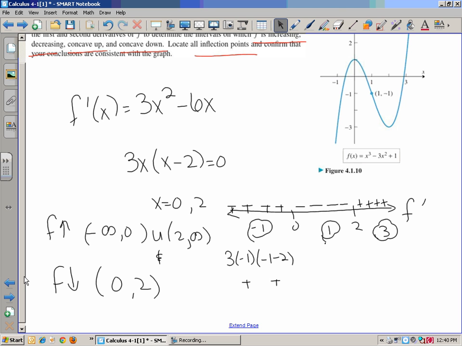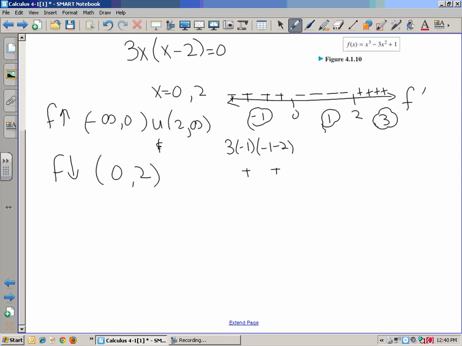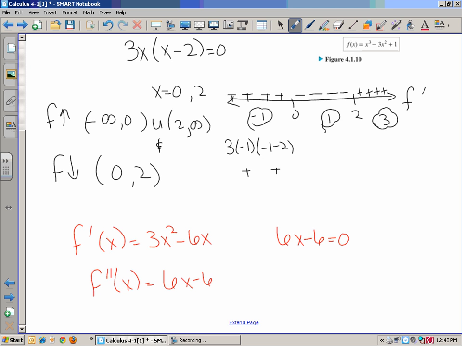Now, to do the second part, I'm going to go ahead and take the derivative of the derivative. So f prime of x was equal to 3x squared minus 6x. I want to do the second derivative, 6x minus 6. I now take that and I set it equal to 0. I solve. I sign chart.